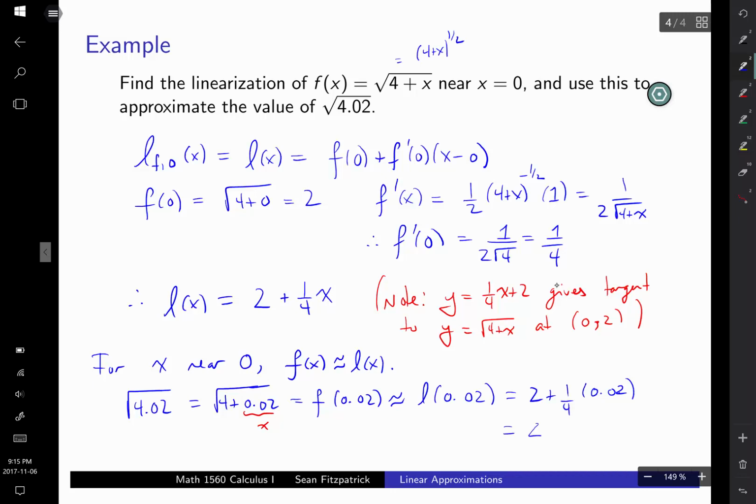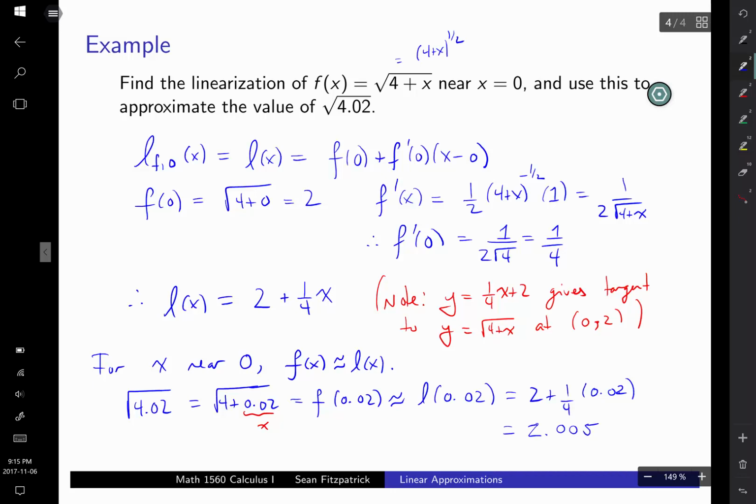Multiplying by 1 over 4 means dividing by 4. Dividing by 4, we're dividing twice by 2. So multiply by a half, that 0.02 becomes 0.01. Multiply by a half again, I get 0.005. So I get 2.005.